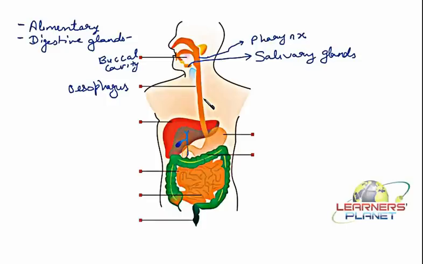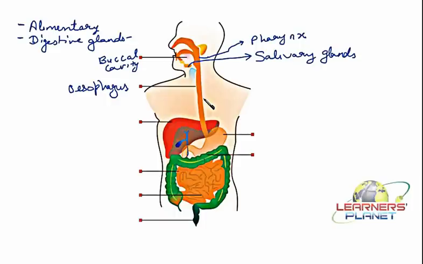That means it is not having the glandular part on its internal or outer side, right? If the gland is not present, then what is present there? What is the major function? It is linked with digestion. But if these glands are not present here, then what is the function of the esophagus?